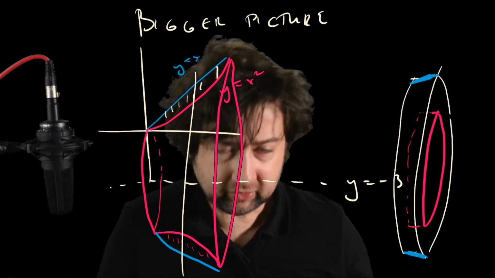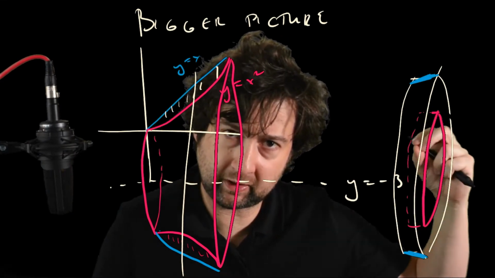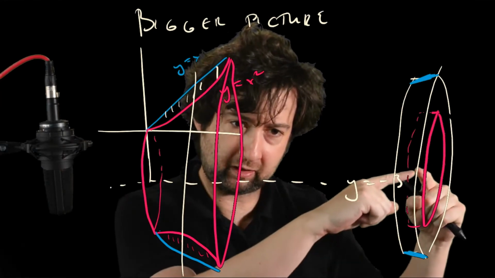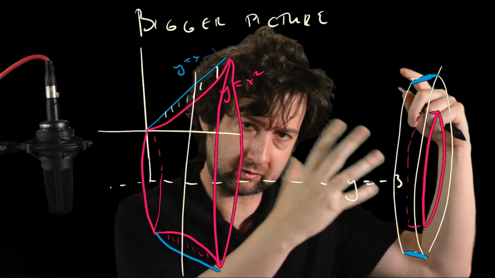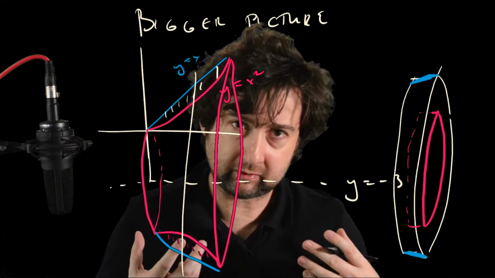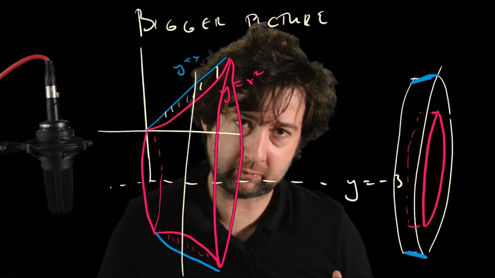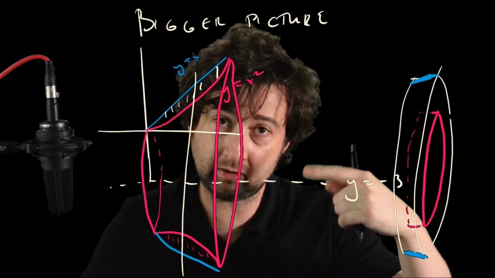And the question is, what's the radius of these two pieces? I can't compute the volume unless I know the radius, like how far it took me to get from here to here, right? If I don't know the radius, I can't decompose this thing into two cylinders and subtract. So this time I have a non-simple radius that I have to compute because I'm not rotating around 0, right? I'm rotating around a number.